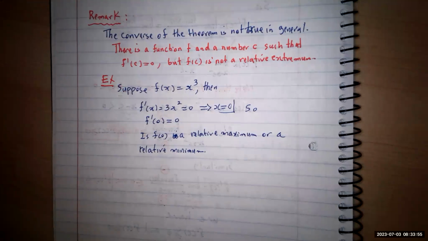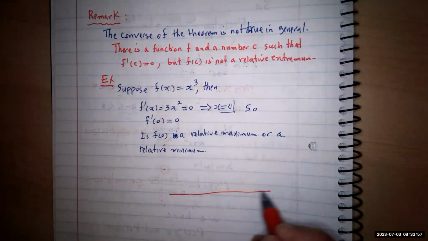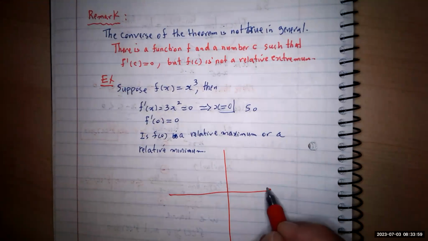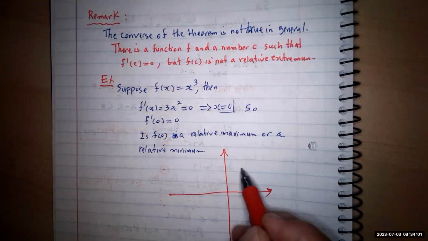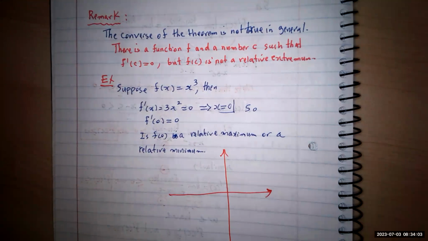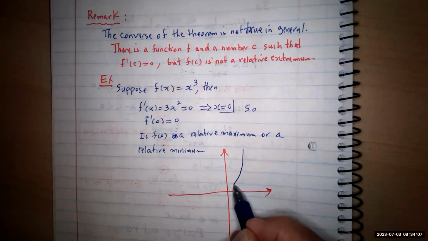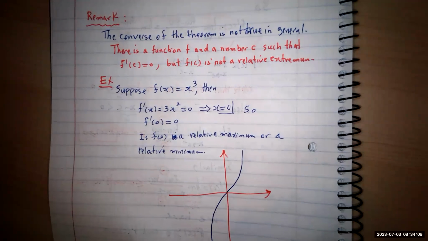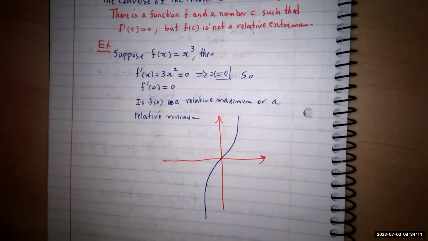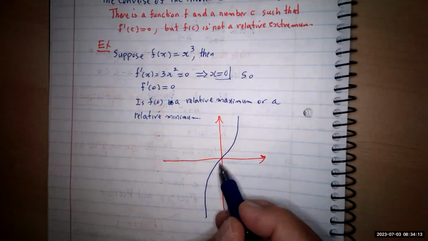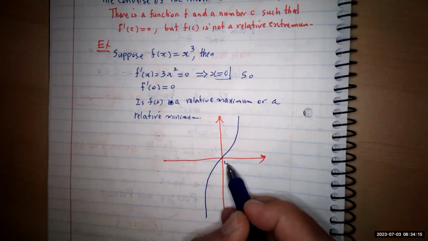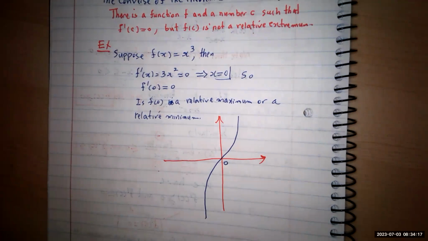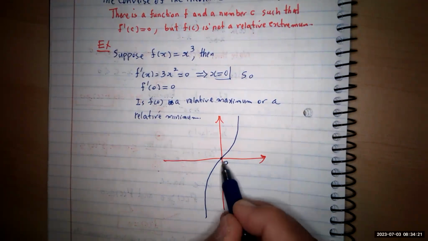Just look at the graph. So look at this graph. This is the graph of x cubed. And this is 0. You see, this is 0. And this is f of 0. You see, f of 0 is equal to the 0.